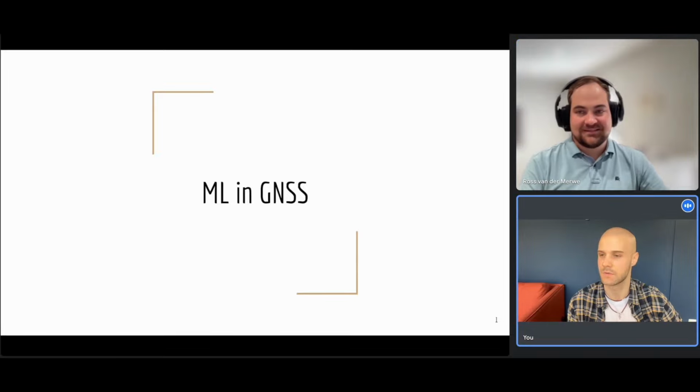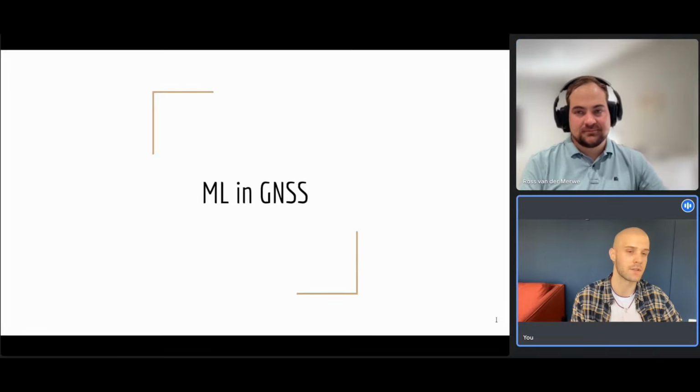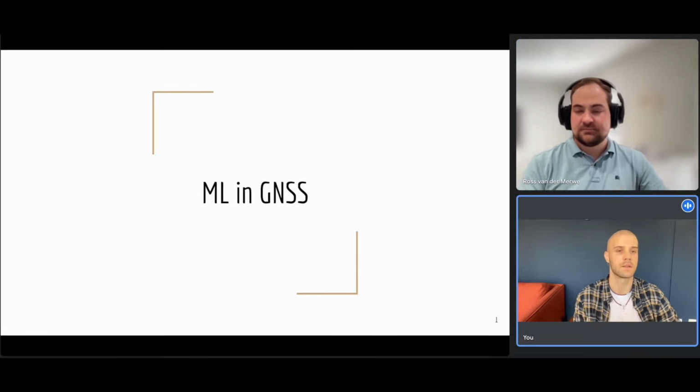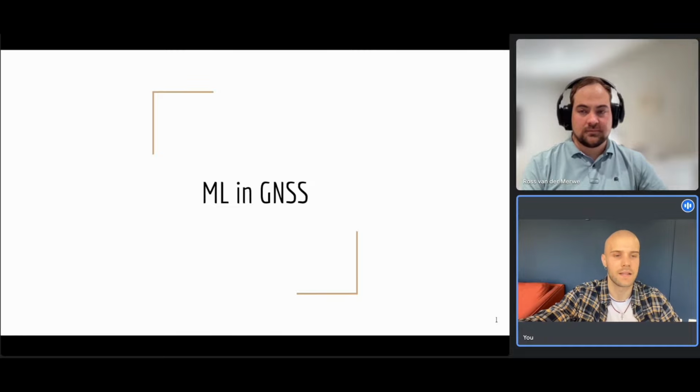Just for the first introduction, Ross is a colleague of mine. We both work at the moment at Focal Point Positioning. Ross is an expert signal processing engineer with a specialization in signal processing for GNSS receivers. He has a master's degree in electronic engineering from the University of Pretoria in South Africa.